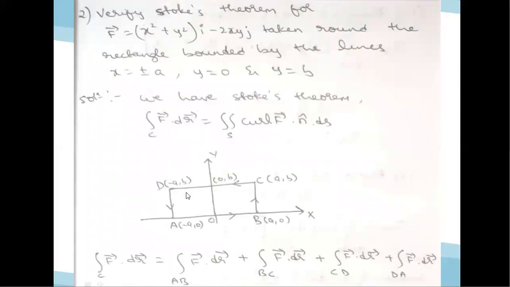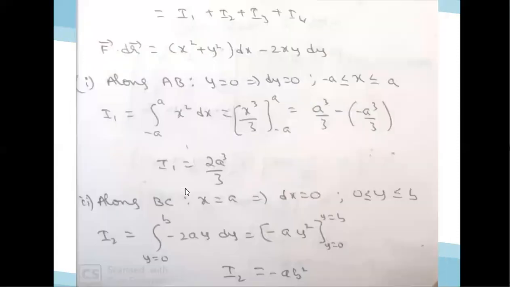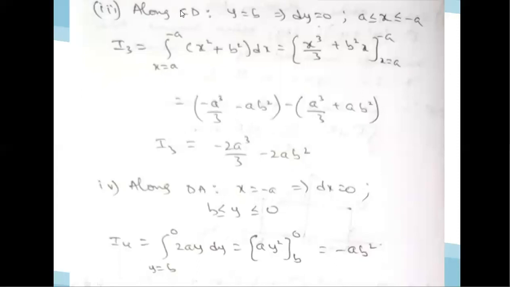The line is going from right to left, so x varies from a to minus a. So along CD, y is equal to b and dy is equal to 0, and x varies from a to minus a.